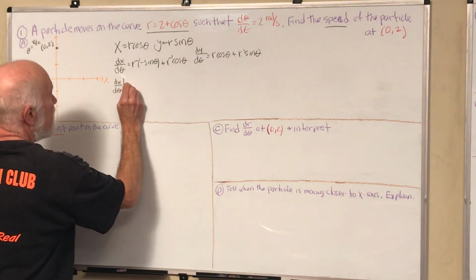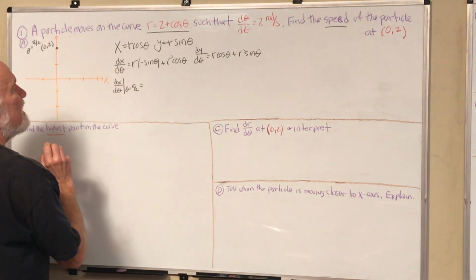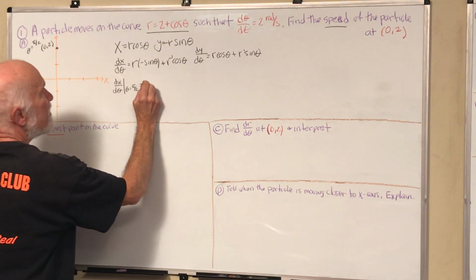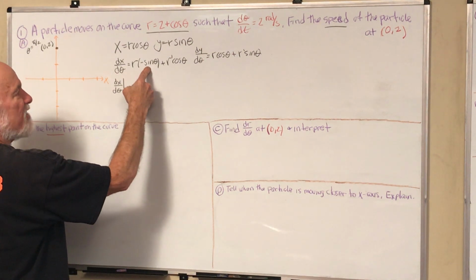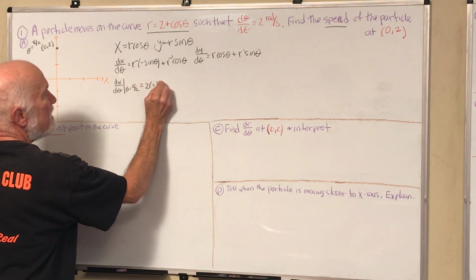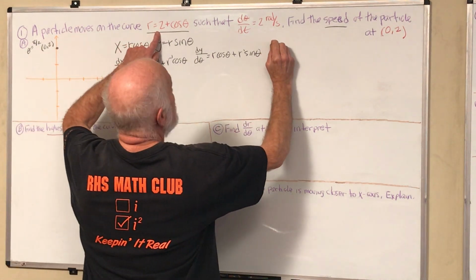So when theta equals pi over 2, what do we get? Well, r is 2. The sine of pi over 2 is 1, so you get negative 1. Ooh, we need r prime. So I haven't found r prime yet, but I can do that.